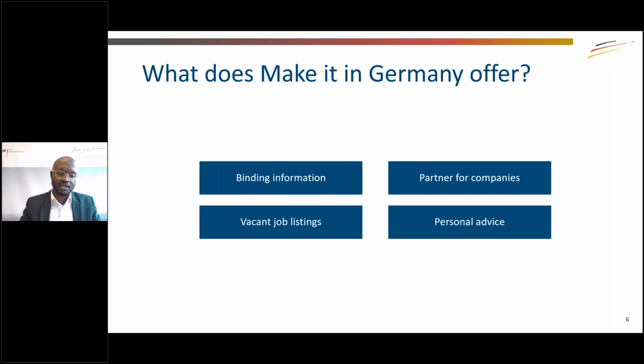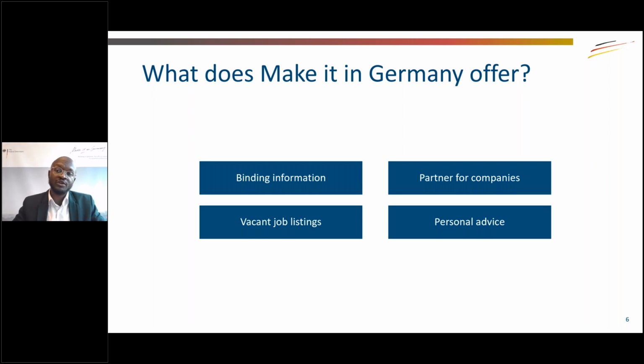You can also find on Make It in Germany a job listing, where you can find suitable job vacancies, especially for qualified professionals from around the world. Make It in Germany is also supporting companies by providing specific information on how to secure and integrate qualified professionals from abroad.